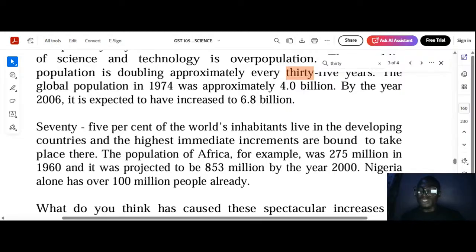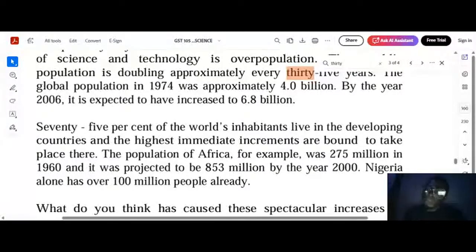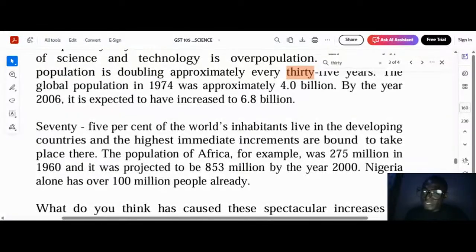What they are trying to say is that up to 75% of the people living in the world live in developing countries like Nigeria. So the remaining are the underdeveloped countries. The percentage living in developing countries, the ones that are in progress, is 75%.